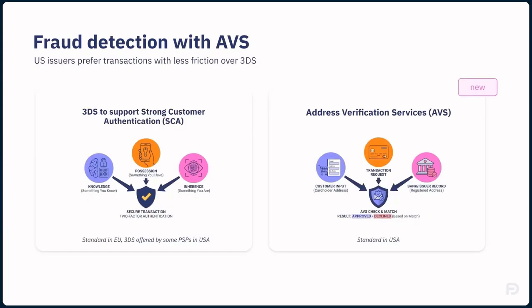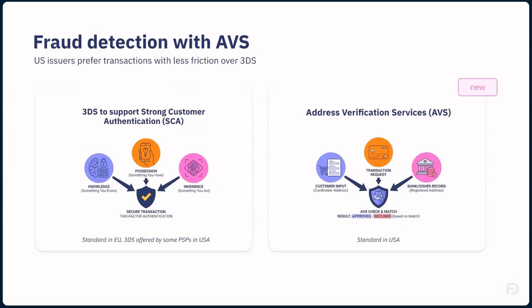So what is AVS, or address verification services? To give a bit of context, there are several ways to do fraud detection for online payments, for credit cards, but also for bank payments, so in this case, ACH direct debit.